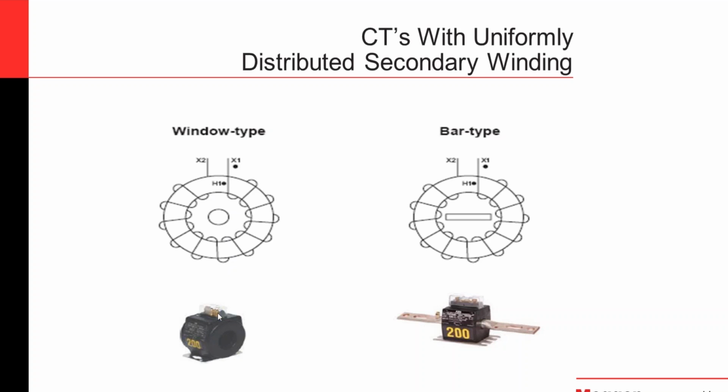That is where you will provide the primary winding, and your secondary winding is on the core here that surrounds the primary winding. On a bar type CT, you pretty much have the same setup here, except your secondaries are wound around the core, and your primary goes through the bar here.